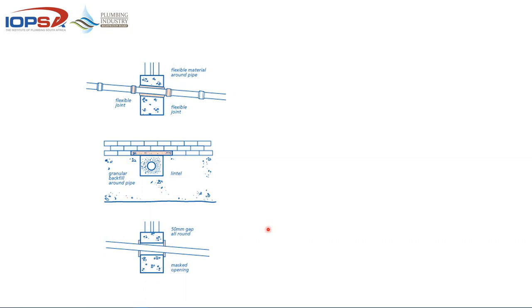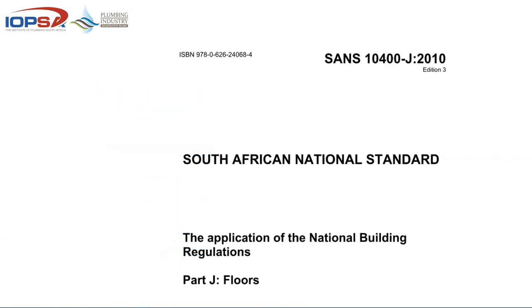The structural bit will be dealt with under Part H, which should have been dealt with at design stage. So as long as we make sure that none of our drainage gets caught in any foundations or point loads, then at least we know we're heading in the right direction.